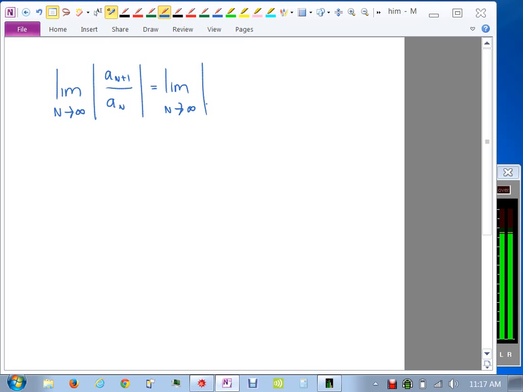A lot of you were dropping your absolute values, which was correct because the series that you were looking at was always positive. But with these power series, we need to keep those absolute values in there because we don't have control over x, right? n is a positive integer, but x can be anything. So we need to keep the absolute value the whole time. I just don't want you developing a bad habit.